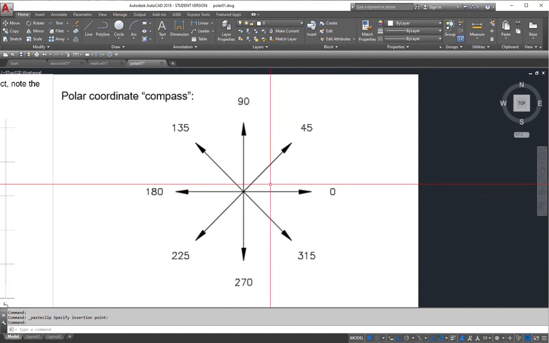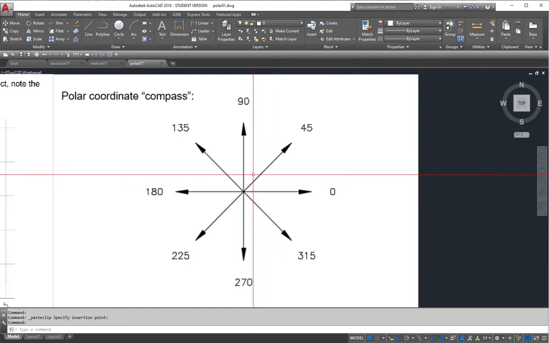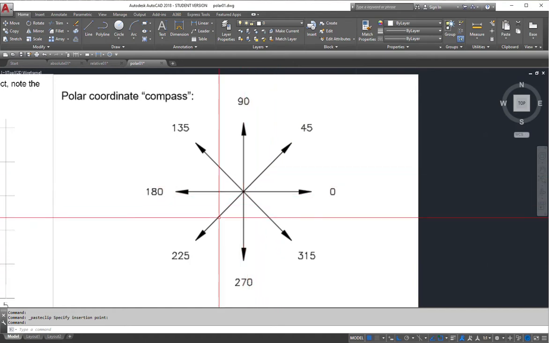Just like we did with relative, the very first point is going to be an absolute starting point. Anything after that is going to be at our distance less than our angle.